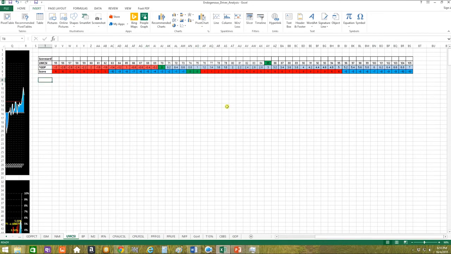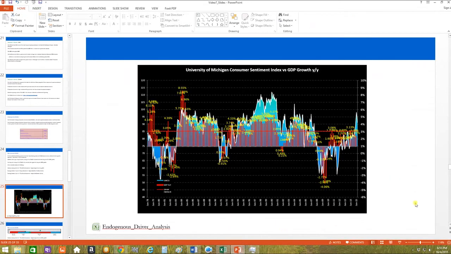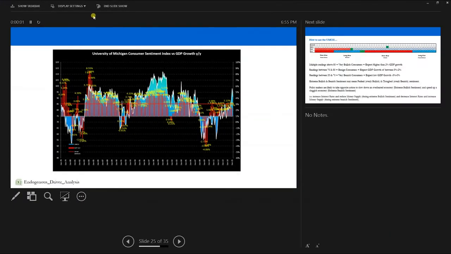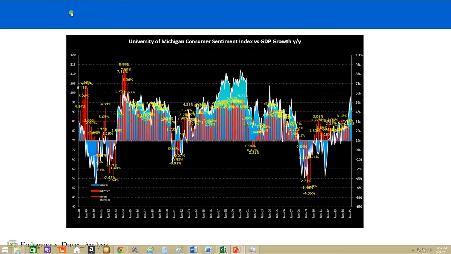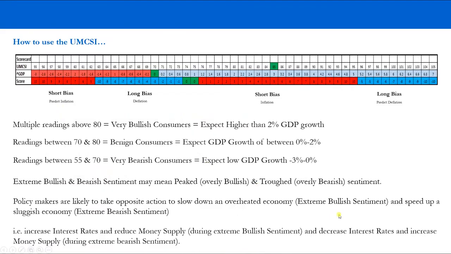Now, if we go back to the presentation, we have a full explanation of how the scorecard is scored. And from our analysis earlier, we discovered that multiple readings above 80, we get very bullish consumers. So we expect a higher than 2% GDP growth rate.